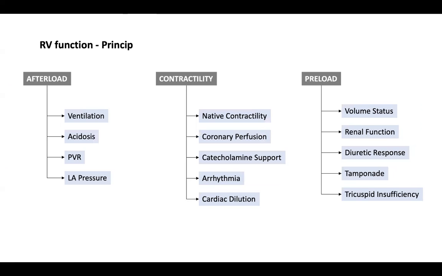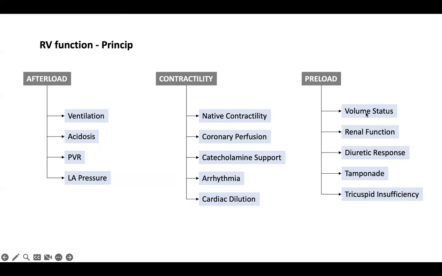So again, the principle to prevent and to treat RV failure after LVAD is you want to optimize your ventilation, avoid acidosis, and optimize your PVR and the LA pressure. You need to act on the native contractility with inotropes, make sure the coronary perfusion is adequate, avoid arrhythmias and avoid cardiac dilation.